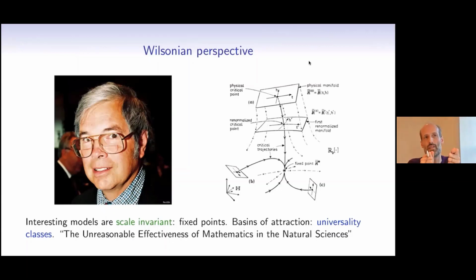Because what happens is that, whether you zoom in or out, depending on which scale you're looking at, you end up seeing different effective theories anyway. But there are only relatively few of those. And therefore, at the end of the day, there is a relatively manageable number of mathematical theories that end up describing what we see around us.